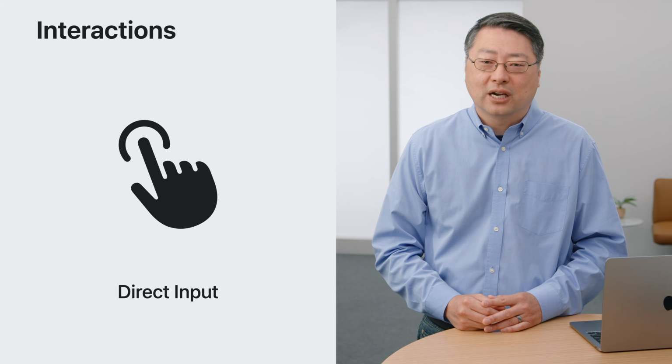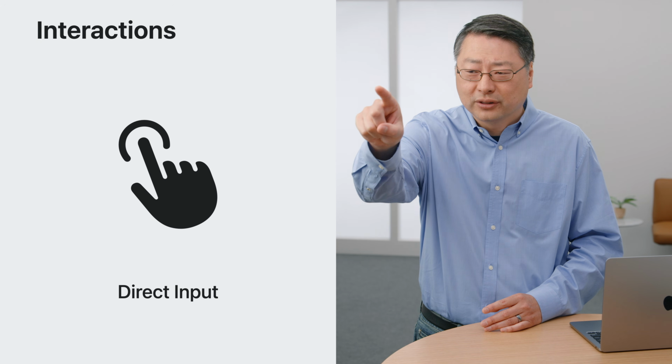People can also reach out and physically touch the same button in 3D space. For both these kinds of interactions, there is a variety of gestures that are possible, like taps, long presses, drags, rotations, zooms, and a lot more. The system detects these automatically and generates touch events for your app to respond to.